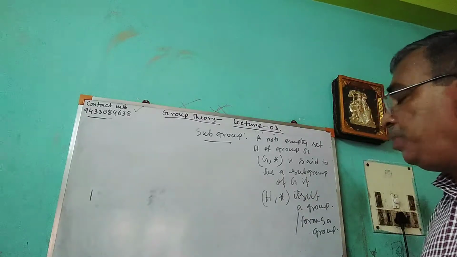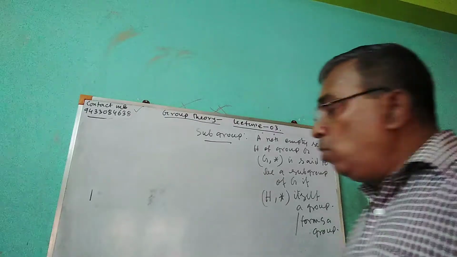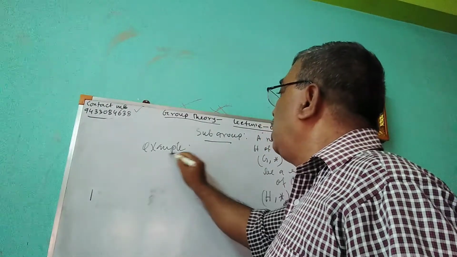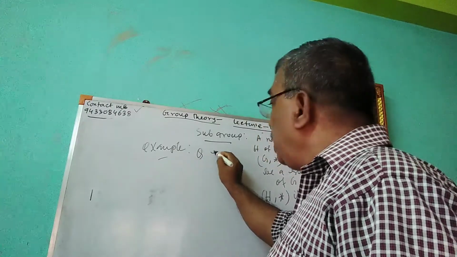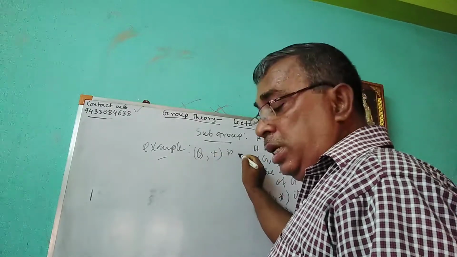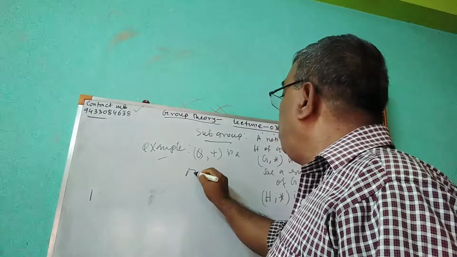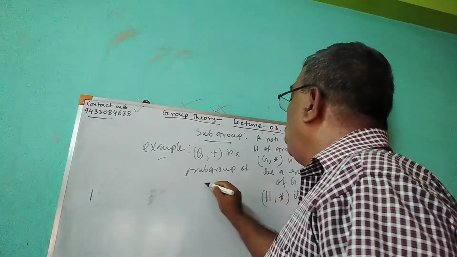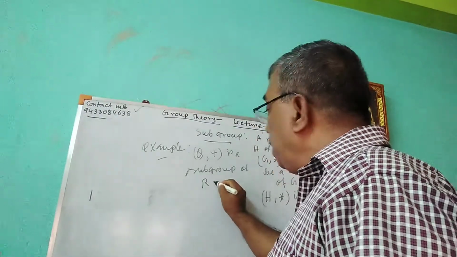So this is the definition. Then you can write the example, and you will understand clearly. Q plus is a subgroup of R plus.